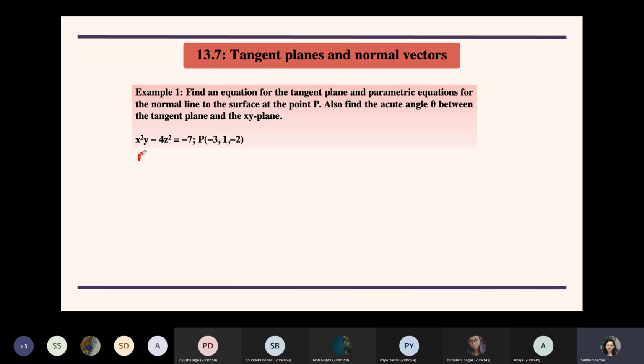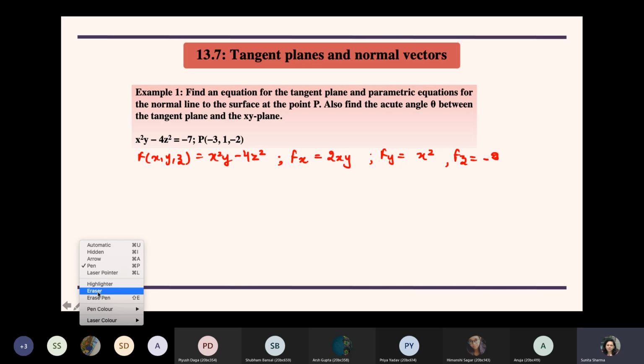So we'll write f(x, y, z) as x square y minus 4z square. Now we find the partial derivatives for the gradient. So fx is 2xy, fy is x square, and fz is minus, sorry, please do it side by side.